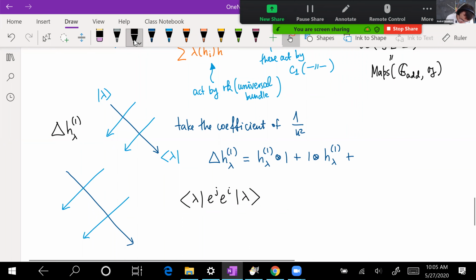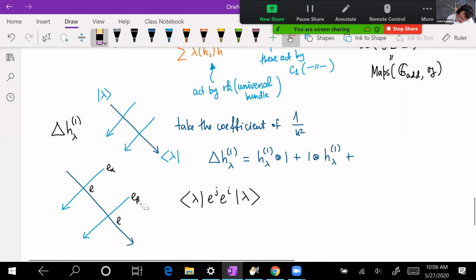Let me call it E alpha, and E minus alpha, bearing in mind that the given root space may be more than one dimensional. But let's just pick some particular basis in the root space. So maybe E beta, E minus beta.